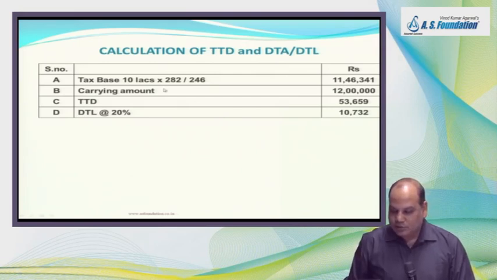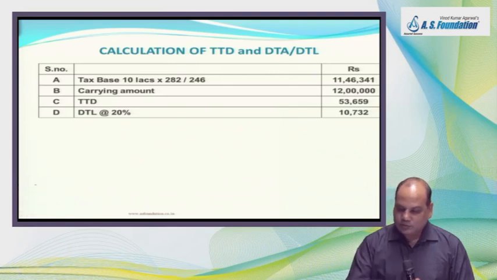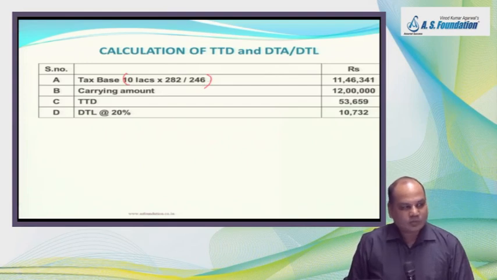First write down the tax base: 10 lakh into 282 current year index divided by 246 base year index is 1,146,341. Just check. Carrying amount 12 lakh.